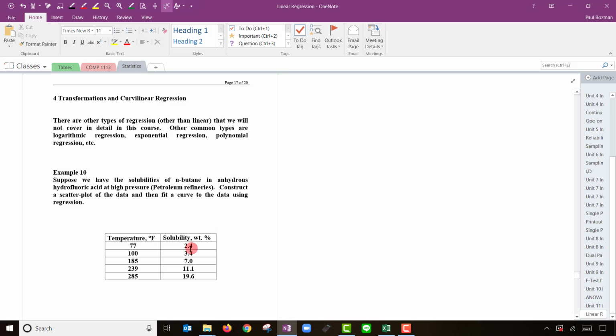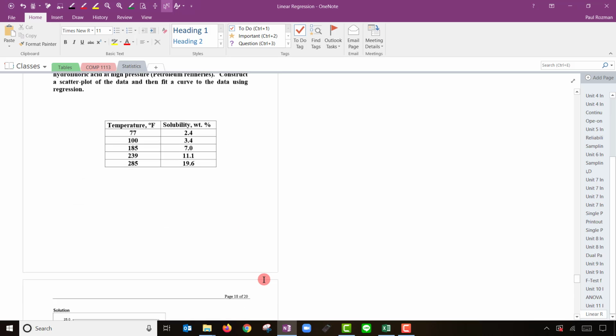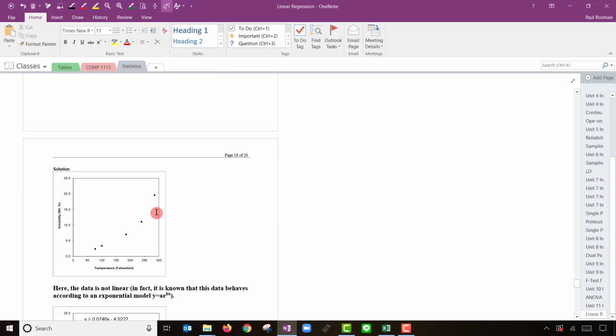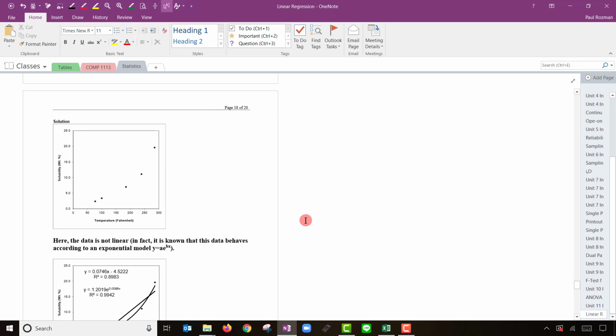So we want to know the solubility given the temperature. Small data set. We can make a quick little scatter plot. I mean, it's hard to judge if something is linear or not from so few points, but suppose this is enough for us to determine this isn't linear, or maybe we know something about this data. We have a bunch of old data and it wasn't linear.